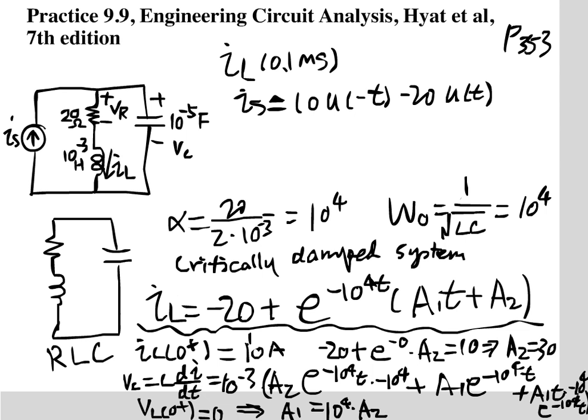So from here, we're going to find out that A1 is actually equal to 10 to the fourth times A2.